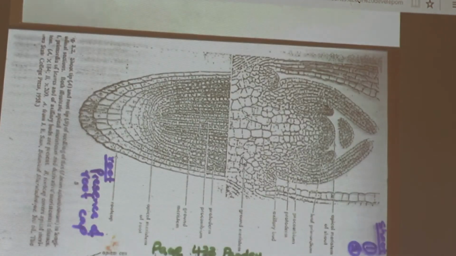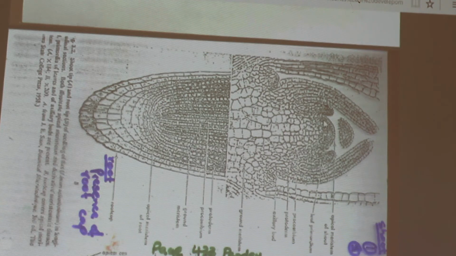In your books, you will find these diagrams. I've twisted them like this so that they could fit, but this is the apical meristem. This is the shoot apical meristem, showing you this apical shoot, and this lateral shoot is the leaf primordium.